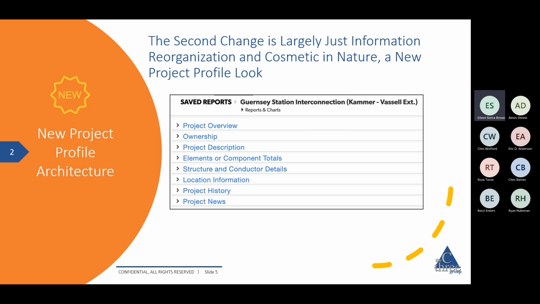So it gives you a better comprehensive overview of what's in the project, without as much scrolling involved when viewing an individual project. And we'll go into more detail about what that looks like in a minute.